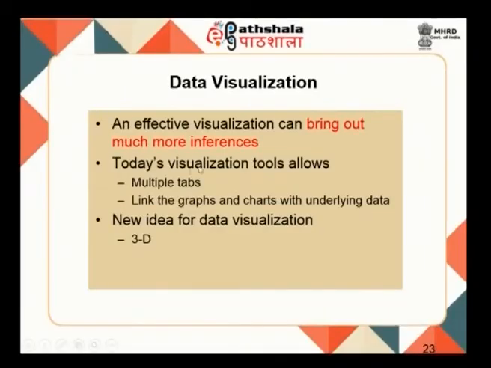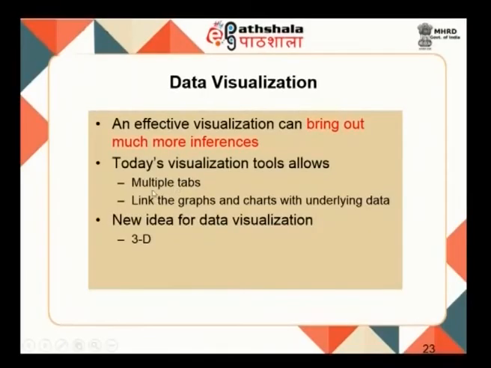Today's visualization tools actually allow us to perform different kinds of visualization in different dimensions. We have various tools in the real world, or various open source tools, that might provide very good visualizations. We can end up with a multiple tabbed environment for visualizations, or we may have graph based or chart based visualization for the underlying data.